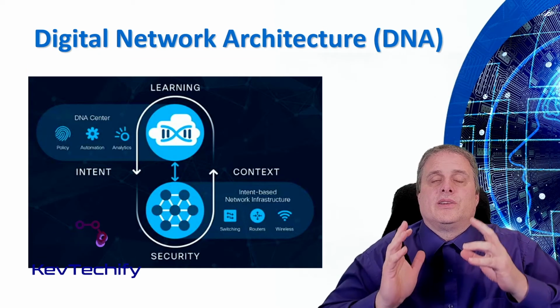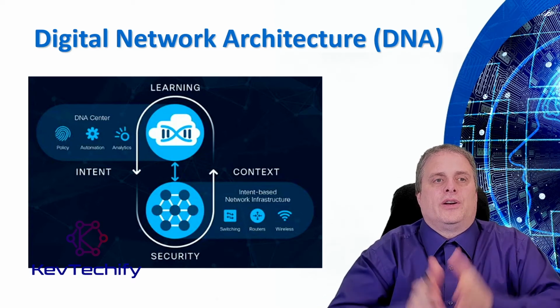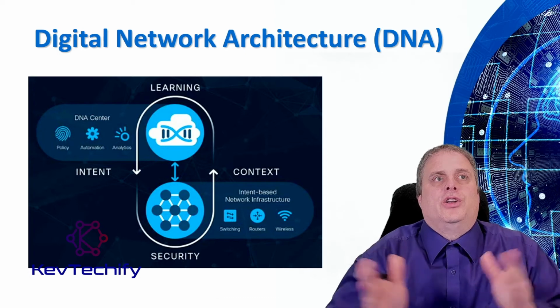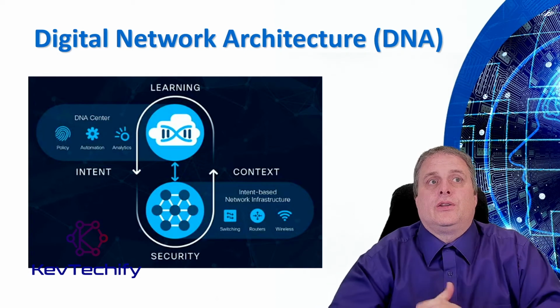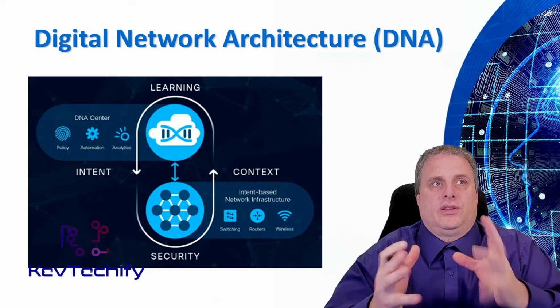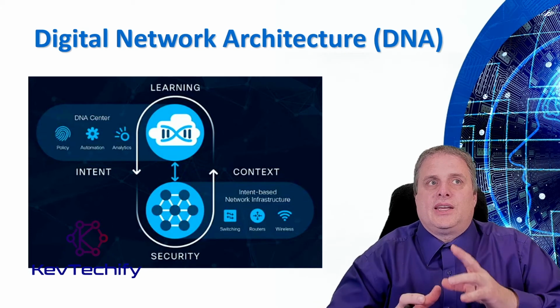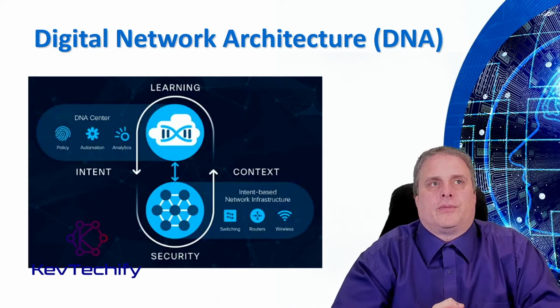Cisco implements this intent-based network fabric using what they call their digital network architecture, or DNA. Now, the business intent here is to securely deploy into the network infrastructure or into the fabric. DNA continuously gathers the information, so it's always looking for information.